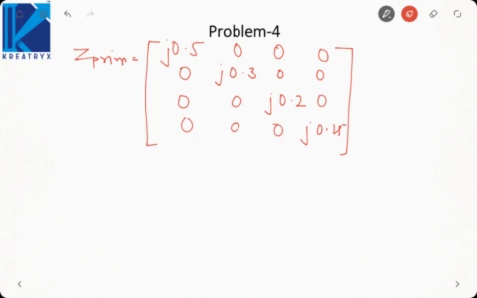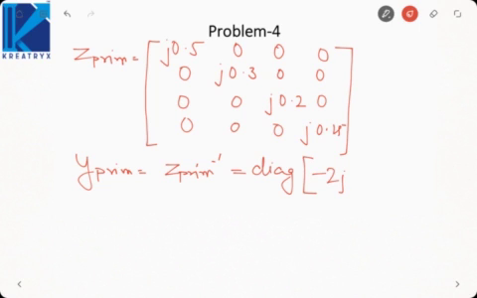Mutual is 0. Now since it is just a diagonal matrix, if you want to calculate primitive admittance matrix, we have to take inverse. Inverse of diagonal matrix is actually a diagonal matrix where the elements are reciprocal. That is minus 2j, minus 3.33j, minus 5j and minus 4j. This is the matrix that is your primitive admittance matrix.